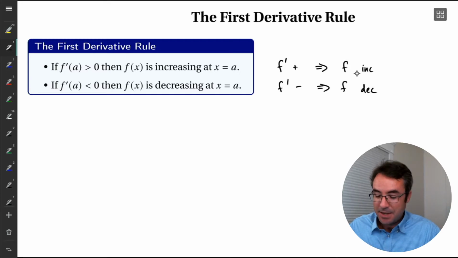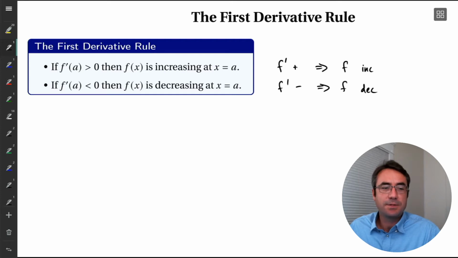So this is a kind of a remarkable relationship between our function and our derivative f prime. And we're going to use this relationship. Being able to find that f prime is positive or negative turns out to be a bit easier than actually proving directly that a function is increasing or decreasing.